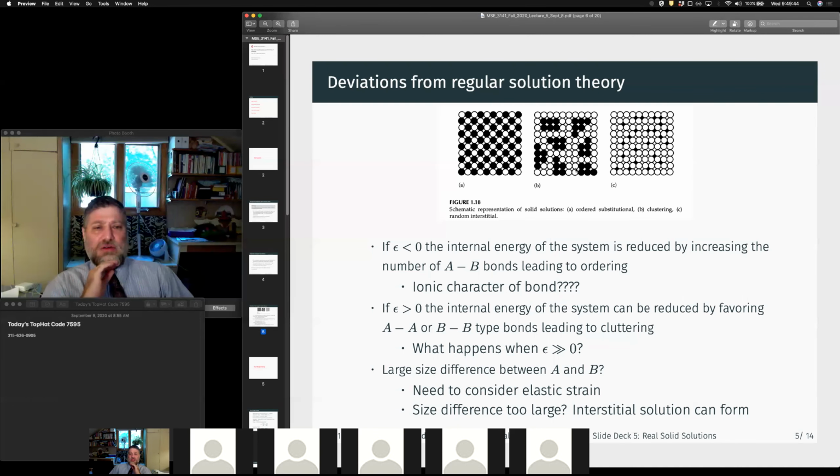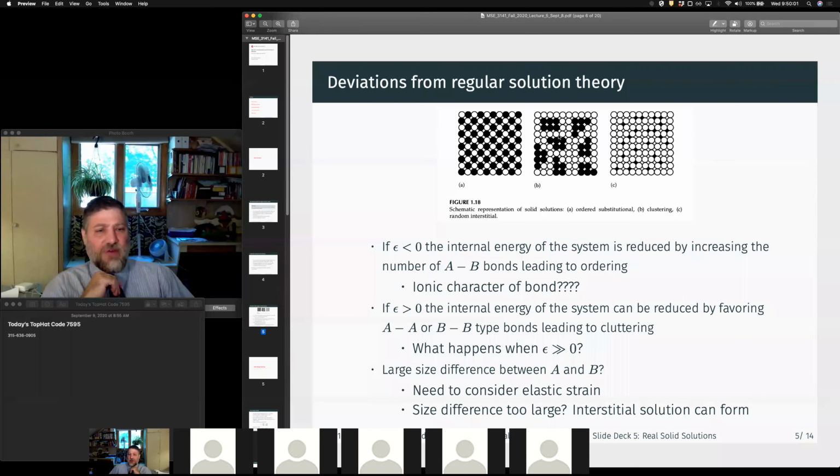So if the energy difference is large enough that we're going to have a preference of AA and BB over AB, it means that the bond energies and the bond lengths aren't the same.